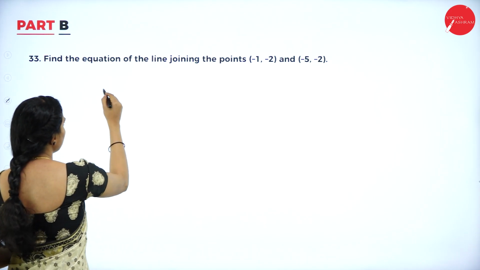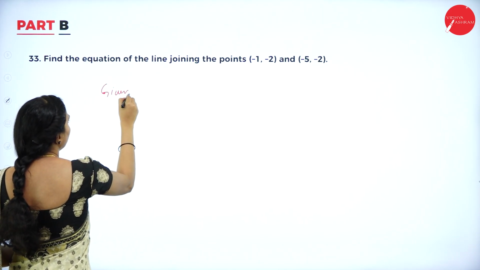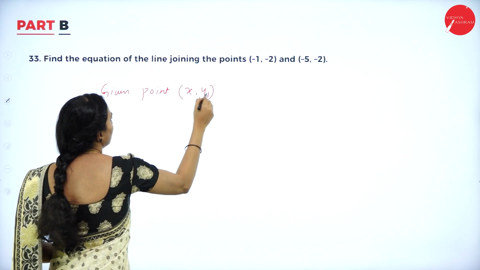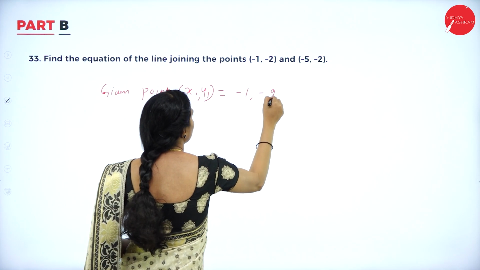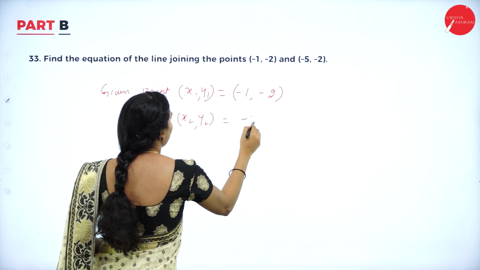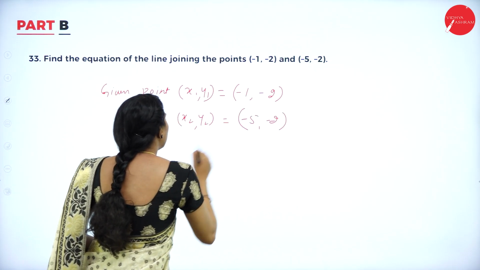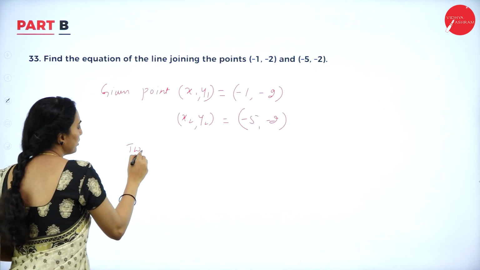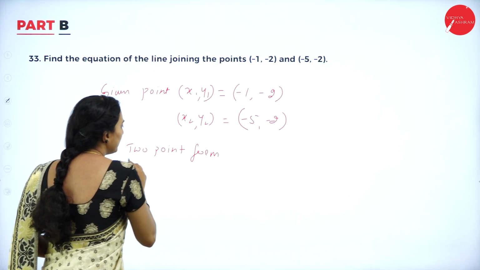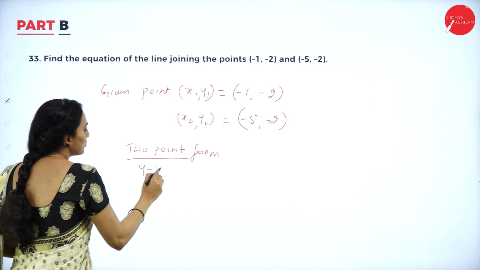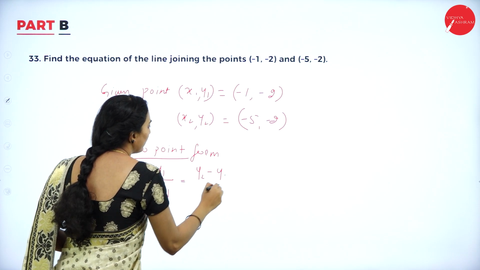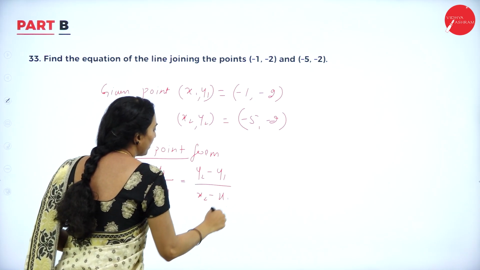Now here the given points are x1, y1 equal to minus 1, minus 2 and x2, y2 equal to minus 5, minus 2. Now let me take the two point form, because 2 points they have given, this is a very important step. Two point form is given by y minus y1 divided by x minus x1 is equal to y2 minus y1 divided by x2 minus x1.